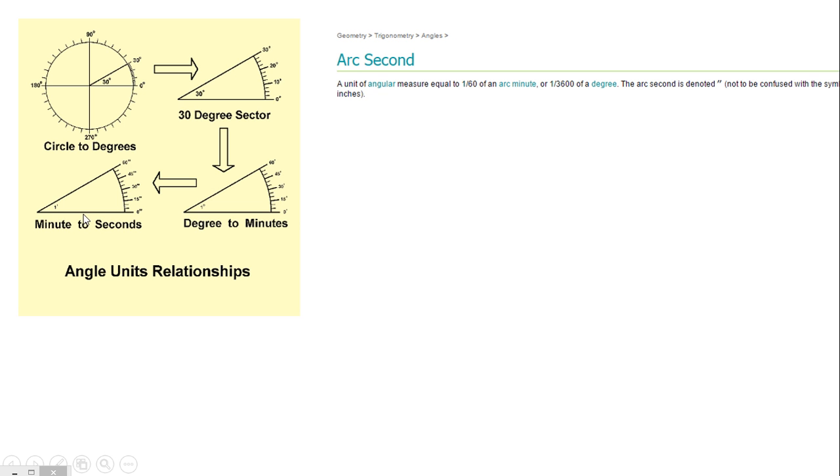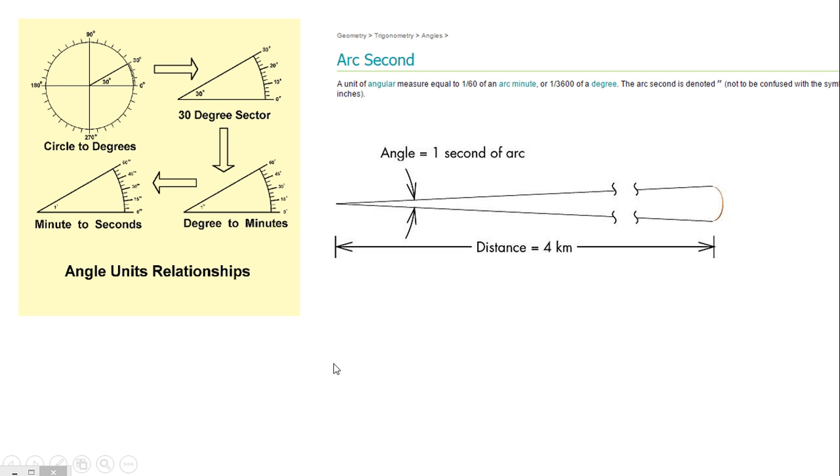So 1 second of arc is 1/60th of a minute, or 1/3600th of a degree. Very small angles, but when looking at them from very far distances, we can measure the distance between their rays. So there you have it.